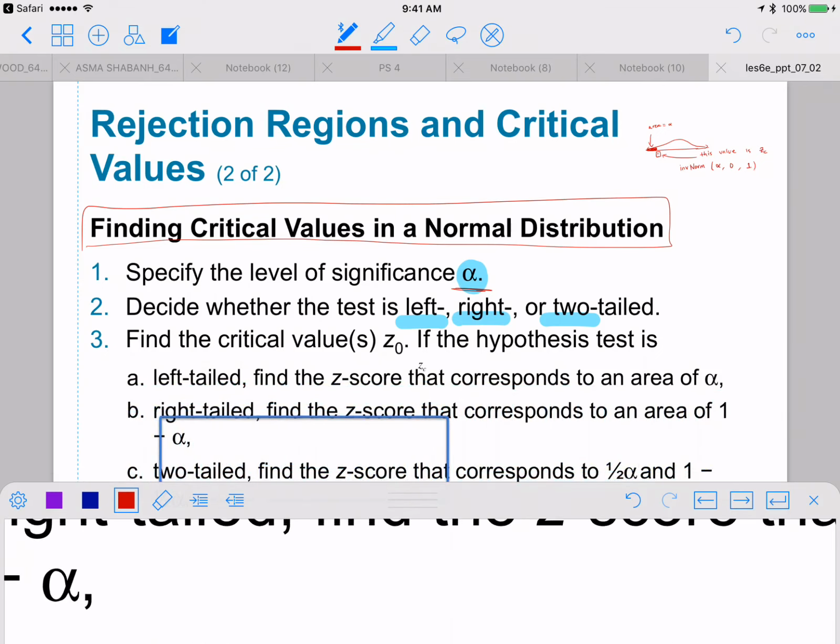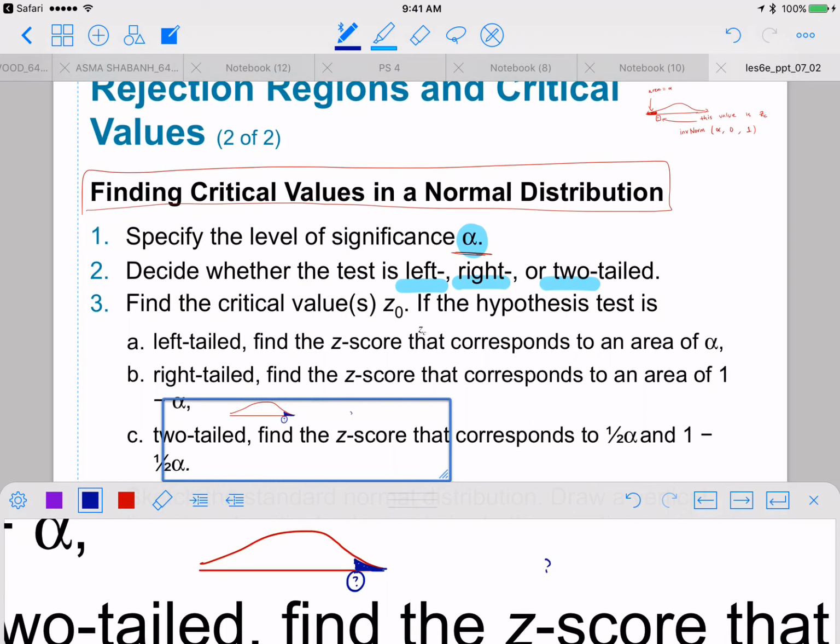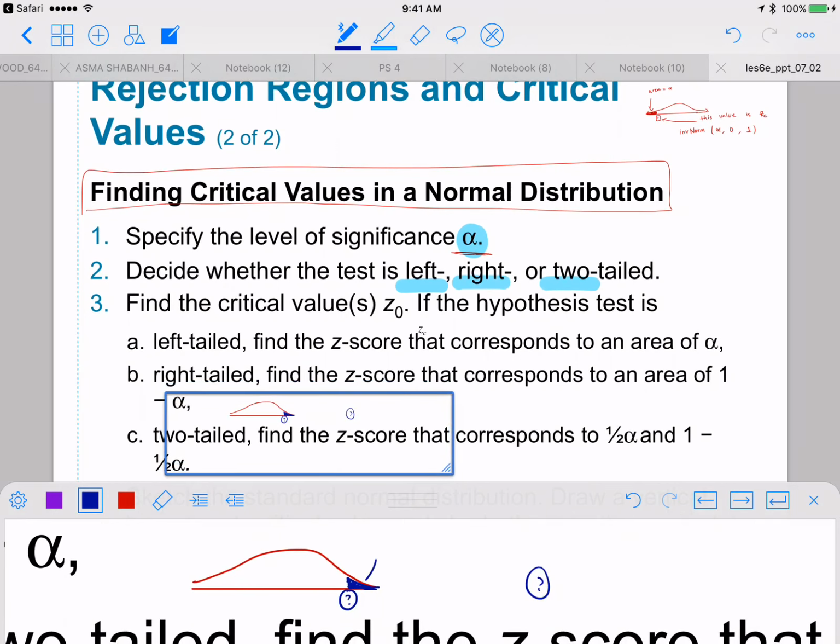Now for a right-tailed distribution, you're essentially going to find the z-score that corresponds to an area of 1 minus alpha. And this makes sense because if you have a right-tailed hypothesis test, then your shading is of the right tail, and your goal is to find this critical value. This area is equal to alpha still, but in order to find it, you're going to use inverse norm.